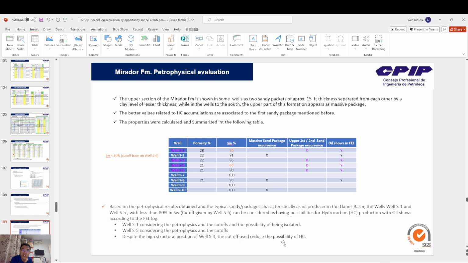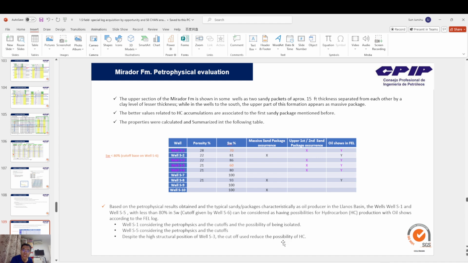S1 porosity 28%, water saturation 70%. S2 porosity 22%, water saturation 81%. S3 porosity 22%, water saturation 86%. S5 porosity 21%, water saturation 60%.